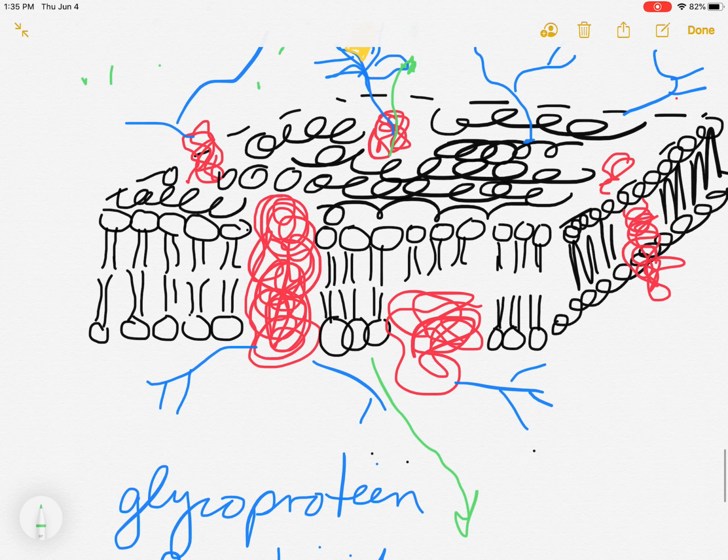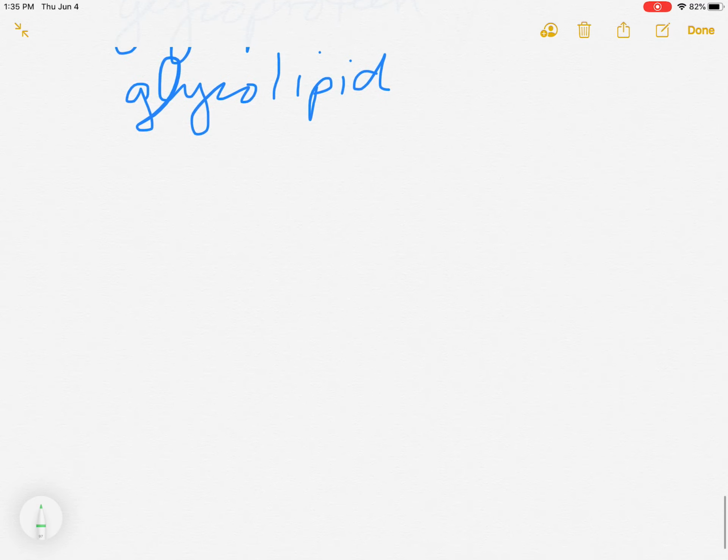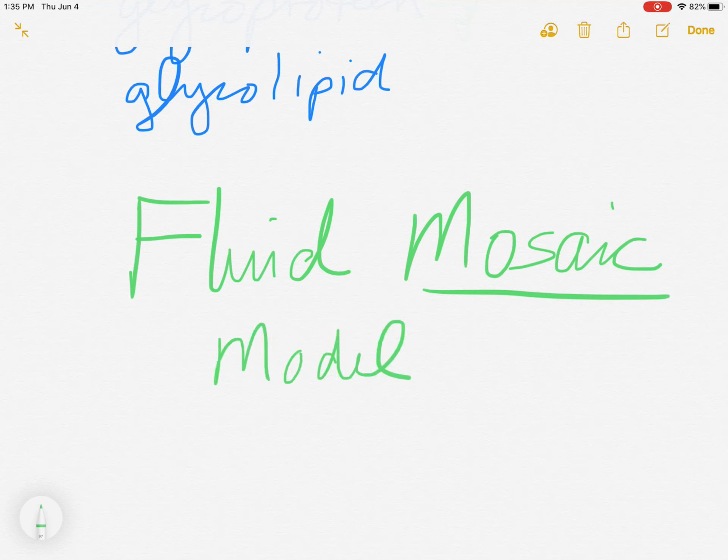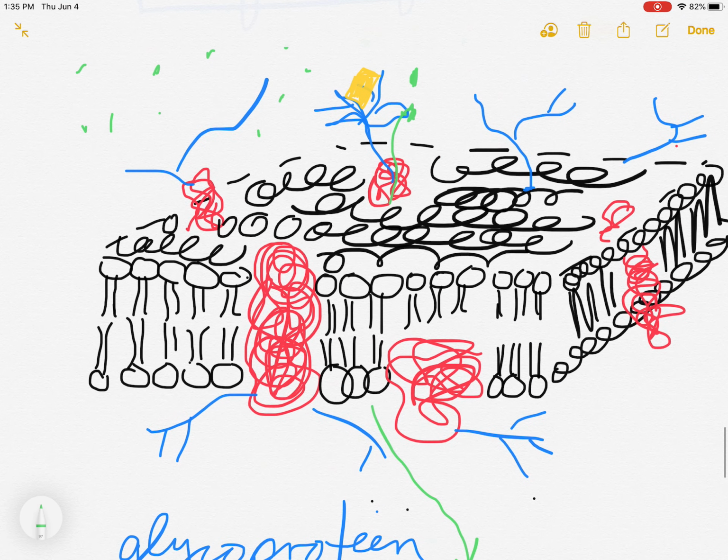Okay, and this model of our cell membrane that we've drawn has a name. It's called the fluid mosaic model. It's a mosaic because we recognize that the membrane is made of many different structures, all blended together. And it's called fluid because it's actually liquidy.